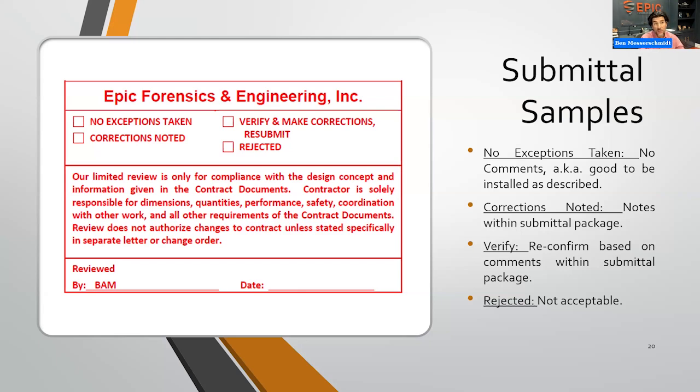Or there may be some warranty questions that arise, and to keep the process going along, the engineer may say, all right, we'll verify this with the manufacturer to make sure we're okay with the warranty, make whatever corrections are needed, and then finally resubmit. Rejected is pretty obvious. It is non-equivalent, or no, this is not right, can't be used anywhere.